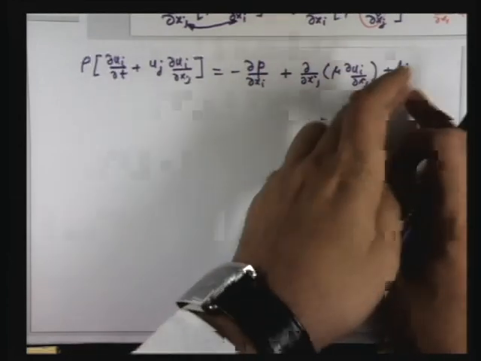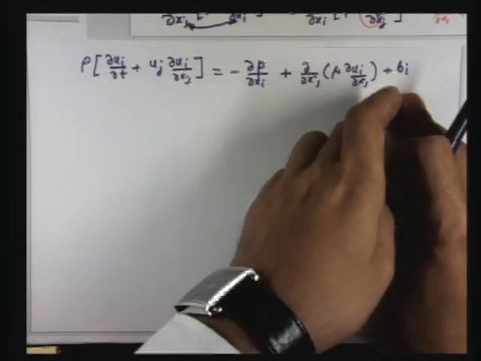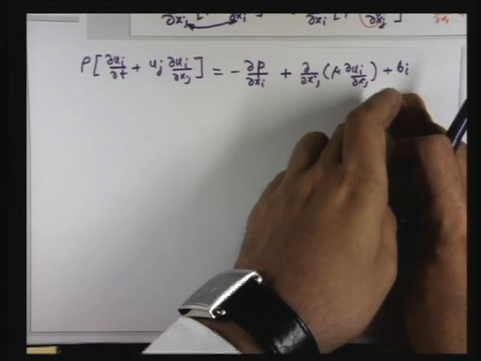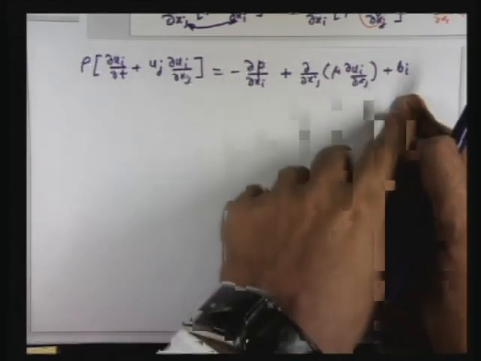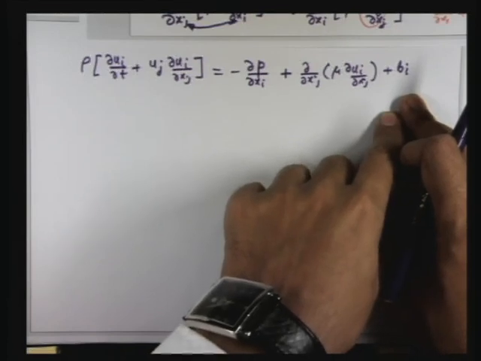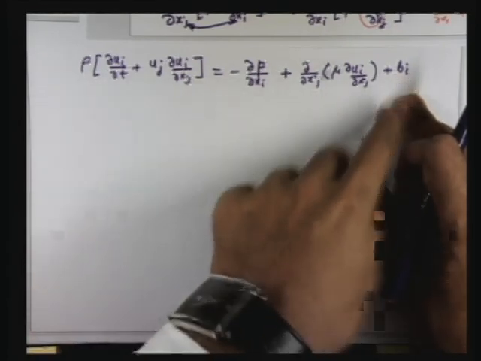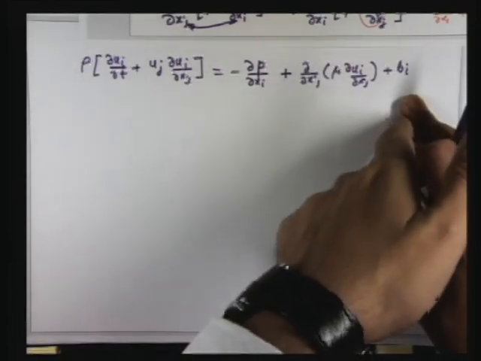In the Stokes hypothesis, we can substitute lambda equal to minus 2/3 mu. Remember, this is not the general form of the Navier-Stokes equation. So this is called the Navier-Stokes equation for incompressible flow. For the general form including compressibility effects, one additional term will be there. We are not going through that.